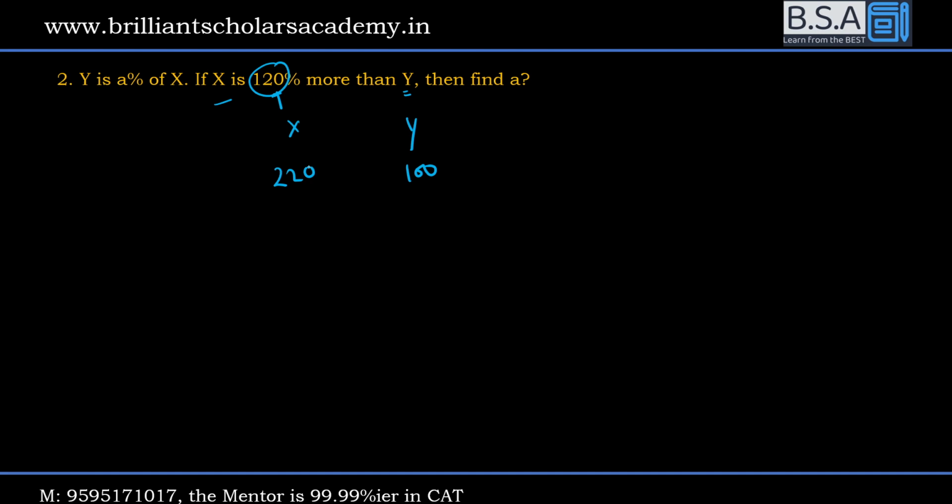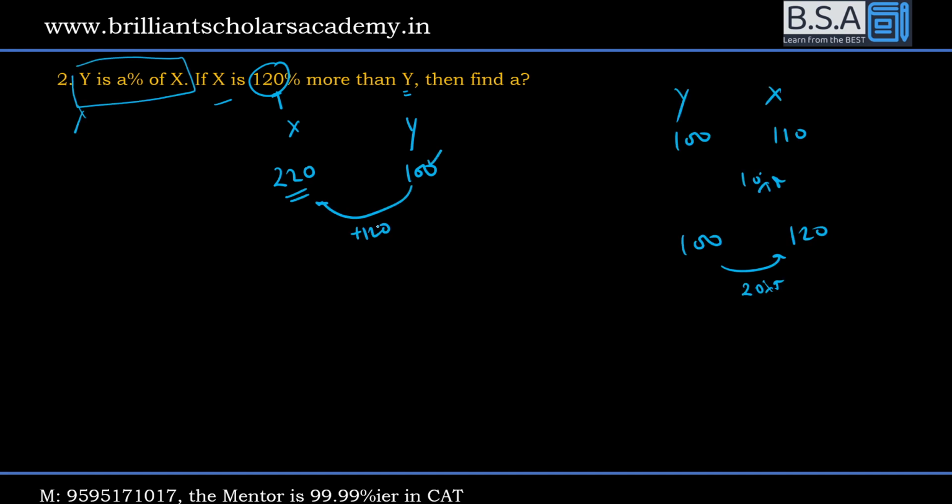Here the question says, Y is a percentage of X. Forget this for the time being. X is 120% more than Y. So if Y is 100, X is 220. How much have you added? 120. That is the percentage growth. On 100, whatever you add is a percentage growth. As long as it's a multiple of 10, the assumption of 100 works beautifully.